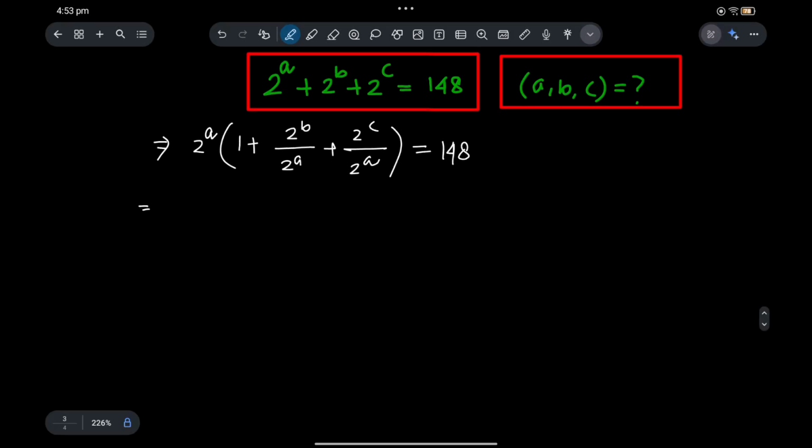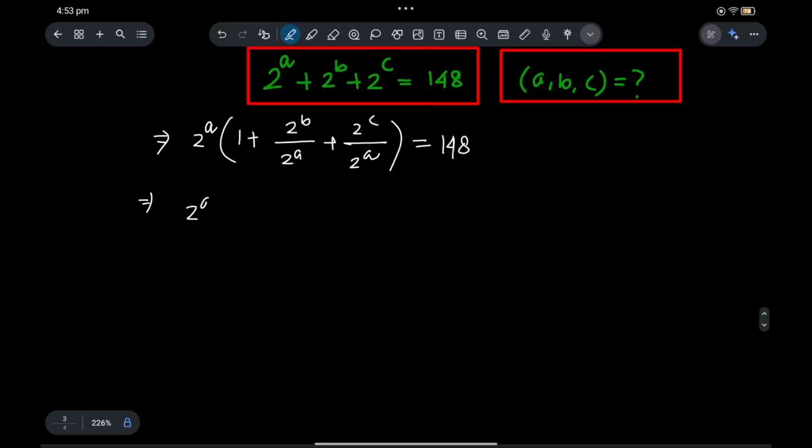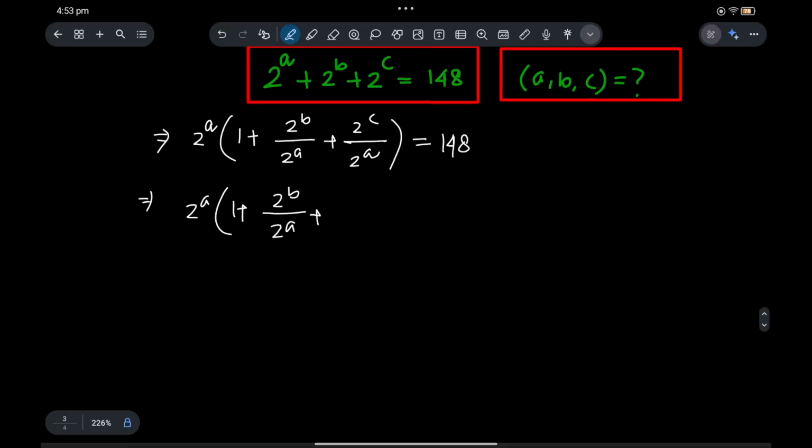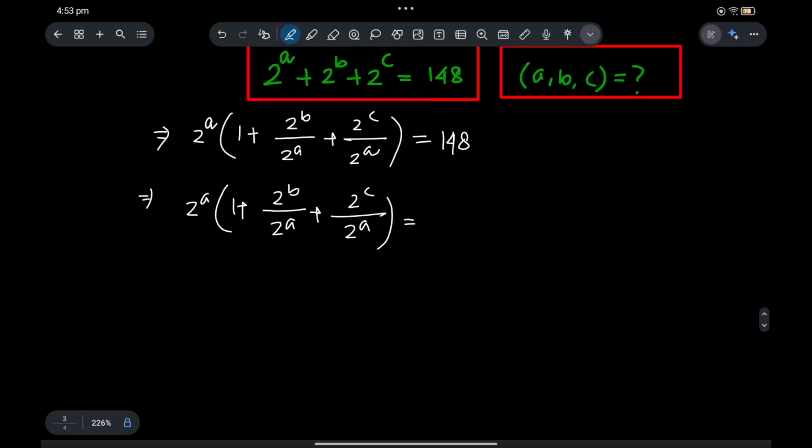Basically we write the same. Now here we can factorize this.